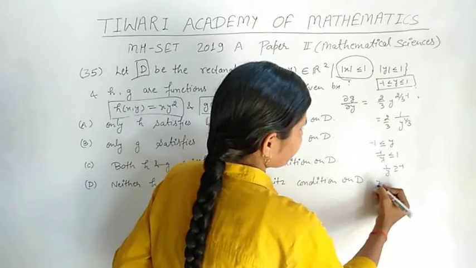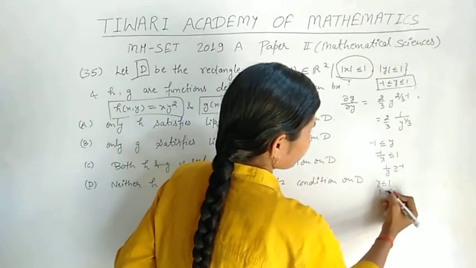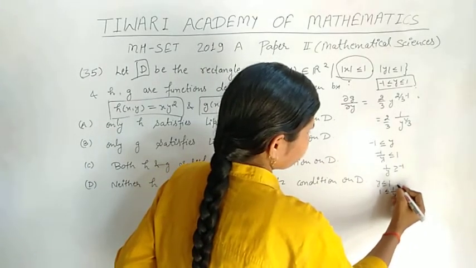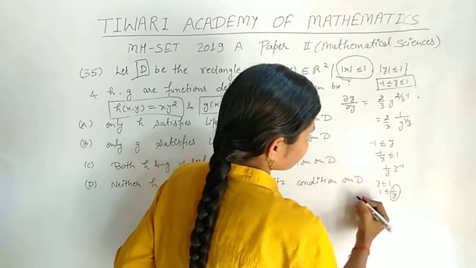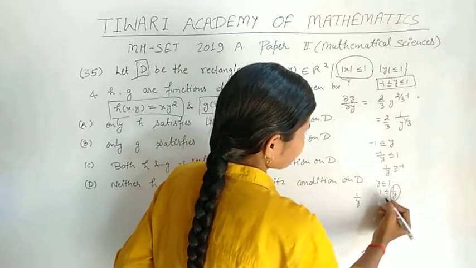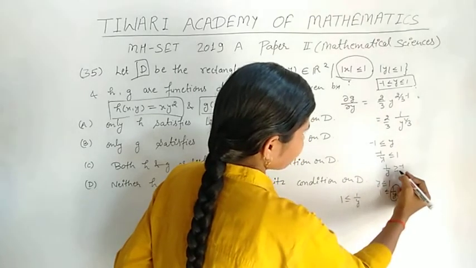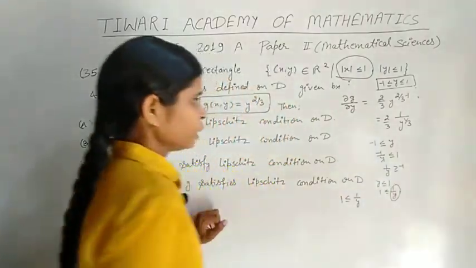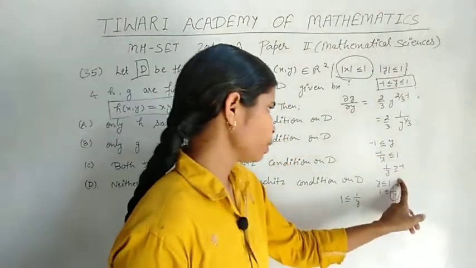In another form, y less than or equal to 1, 1 less than or equal to 1/y, 1/y is greater than or equal to 1, and -1 less than or equal to 1/y.